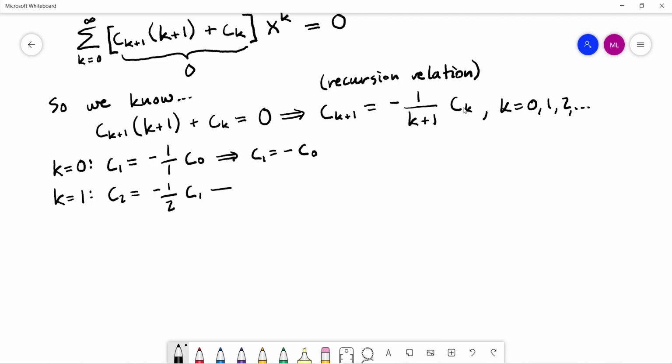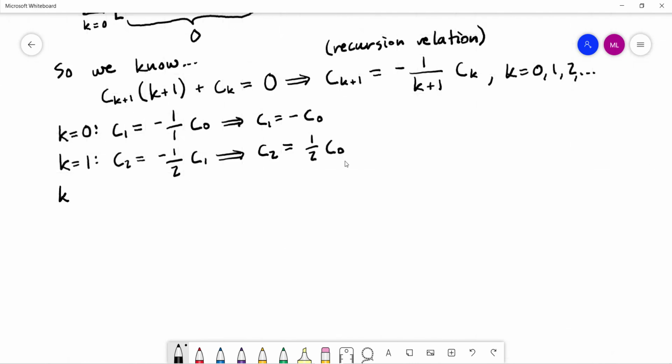But that implies that c2 can be written back in terms of c1, which could be written in terms of c0. It's going to be equal to positive 1/2 of c0. The sign flipped because I basically took this c1 equals negative c0 and replaced this term right here with the negative c0. And so now I have c2 in terms of c0.